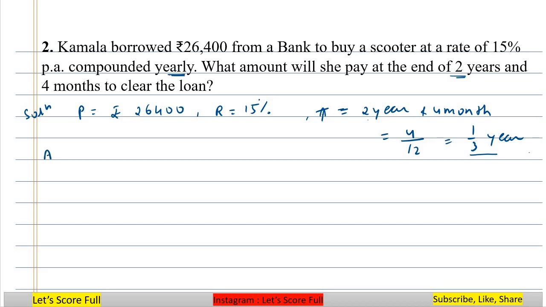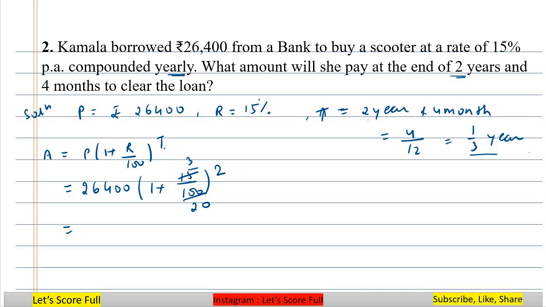So here amount is principal times 1 plus R by 100 raised to time. Principal is 26,400. Rate of interest 15. Nothing to do as it is whole year. And time period I'll take 2, because I want the whole compounding period. I can cut this: 5 3s are 15, 5 4s are 20.